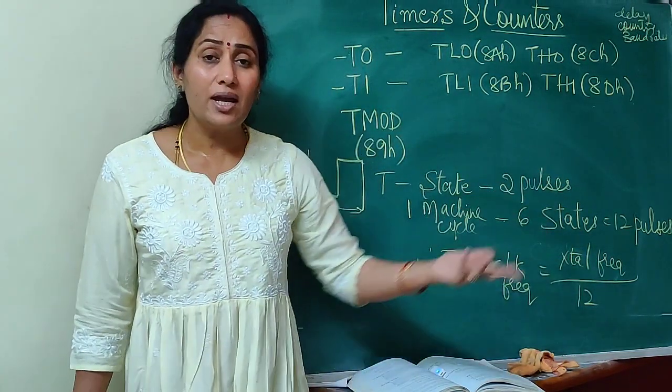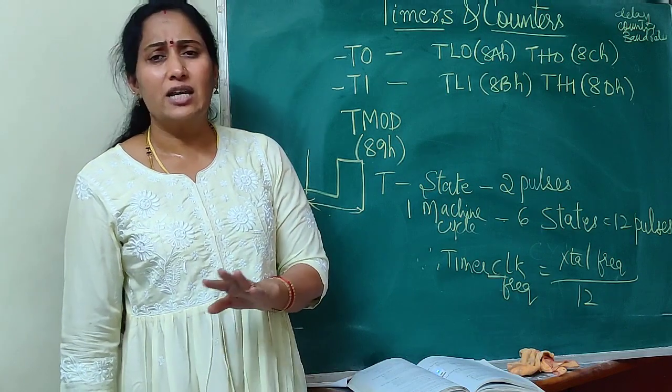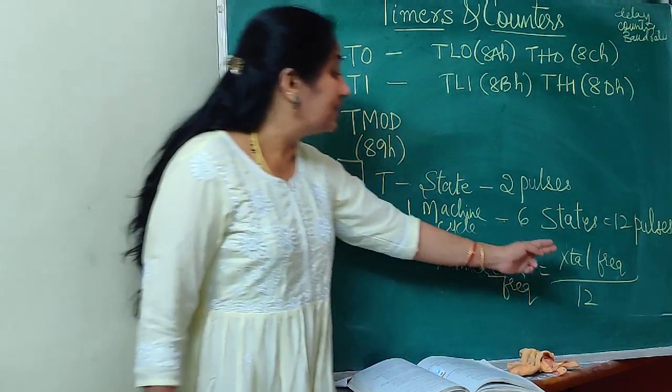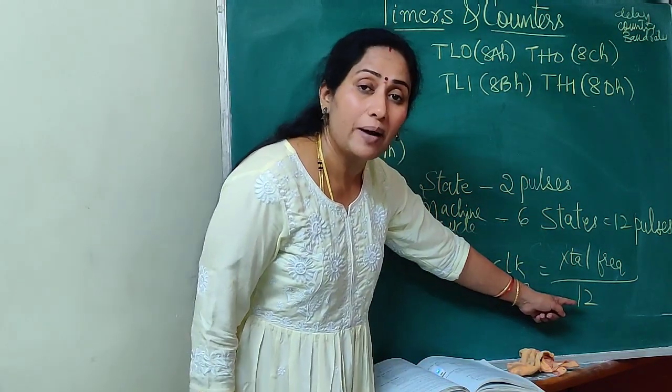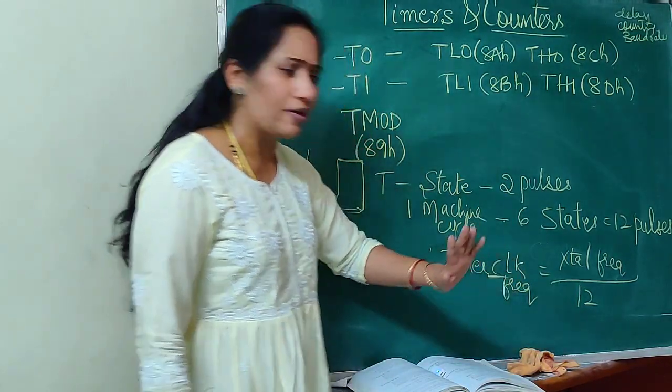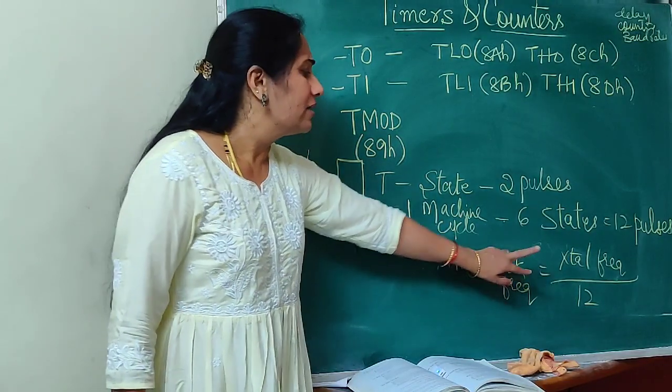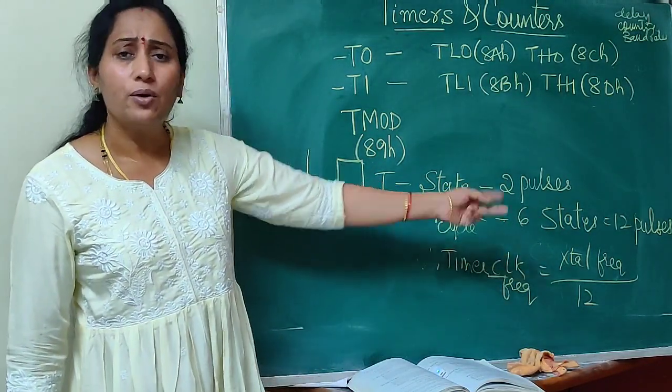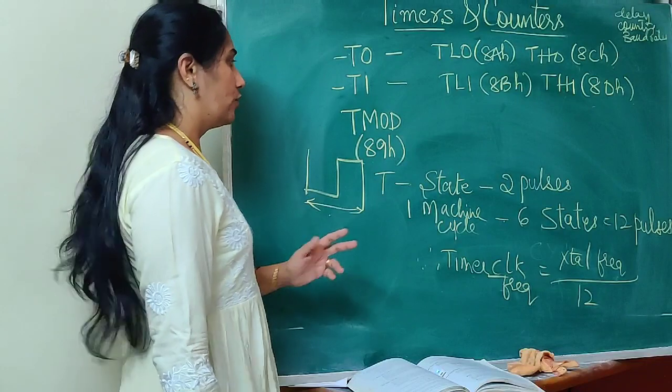The crystal frequency may vary from 1 megahertz to 16 megahertz. For whatever frequency is given, I divide it by 12, which gives me the timer clock frequency. If I want to calculate the time, I just take the reciprocal of the value, and I get the time period.